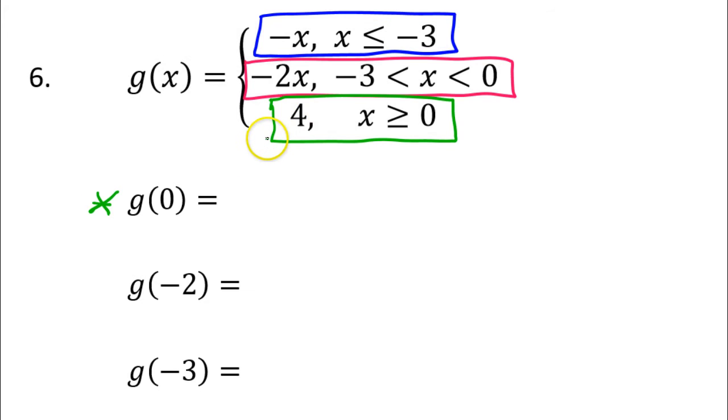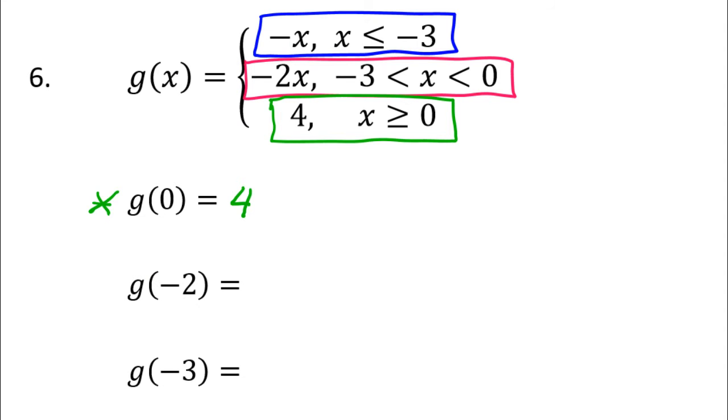Now, notice this is just a number 4. There's nothing to substitute into. It's just a 4. It's a constant. Whenever it's a constant like this, that is the answer. The number will just be 4.